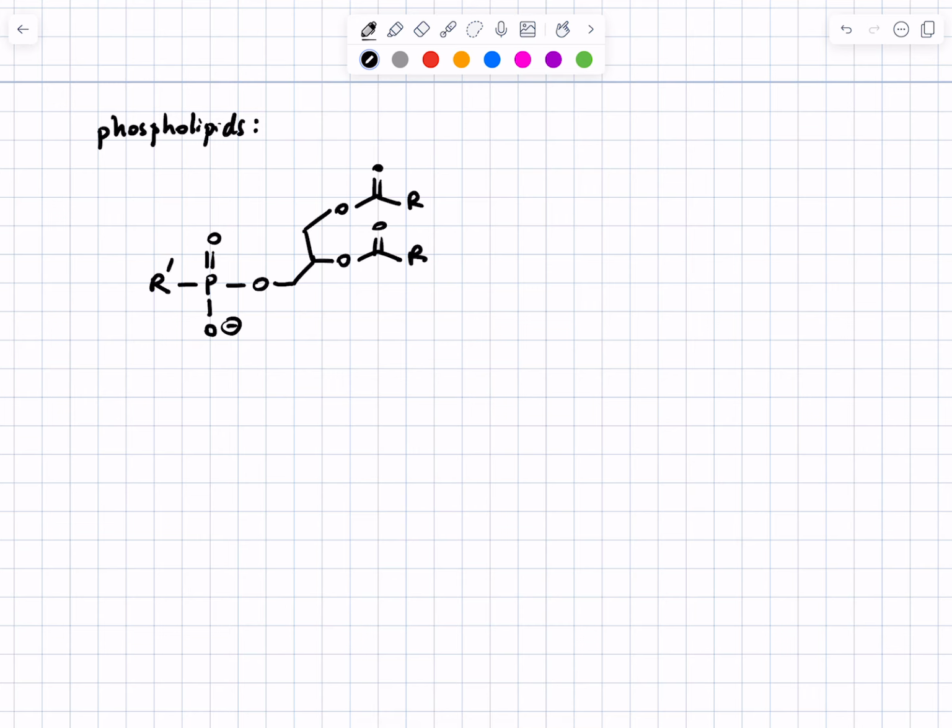So again, in pink is a long chain fatty acid. I'm going to leave that to your imagination. This is going to be 14 to 18 carbons long. It could be saturated or it could be unsaturated. In orange is the glycerol portion.